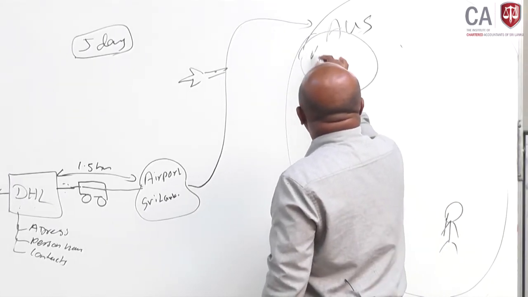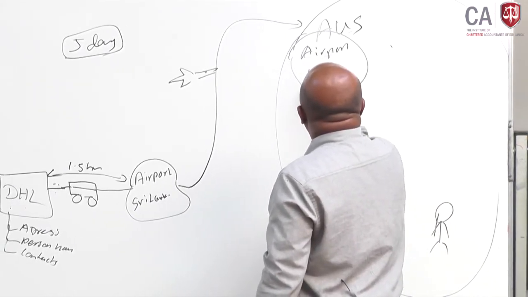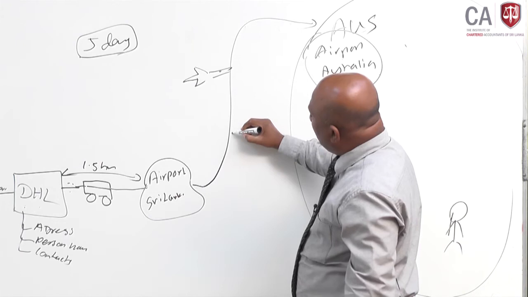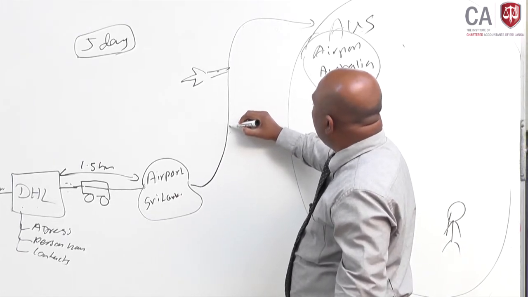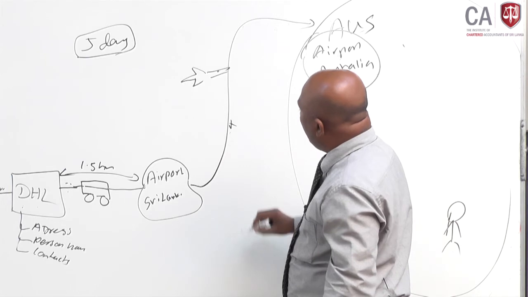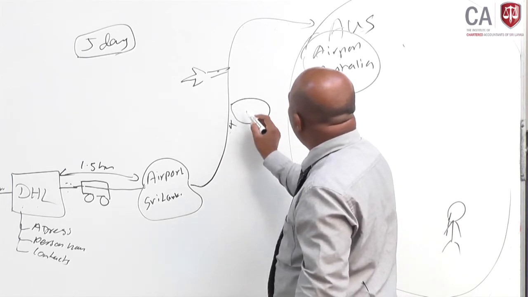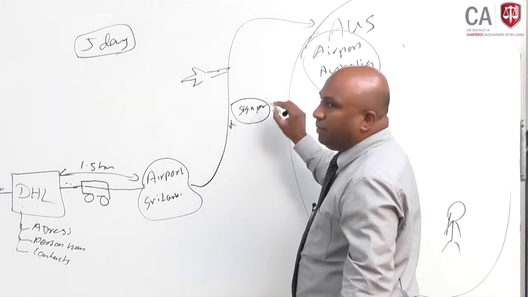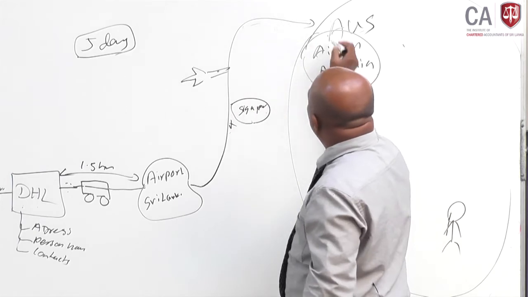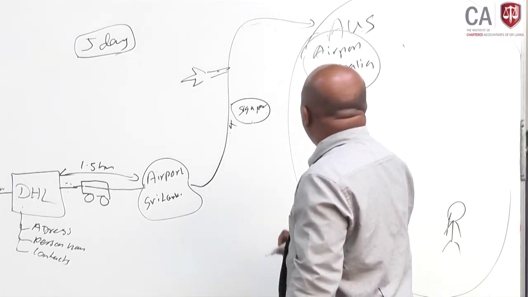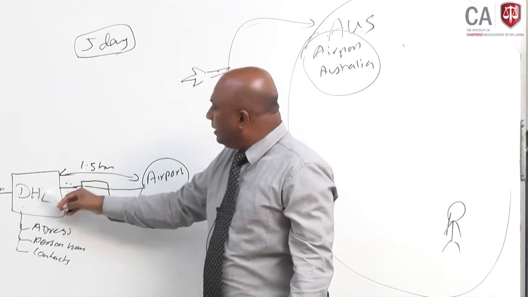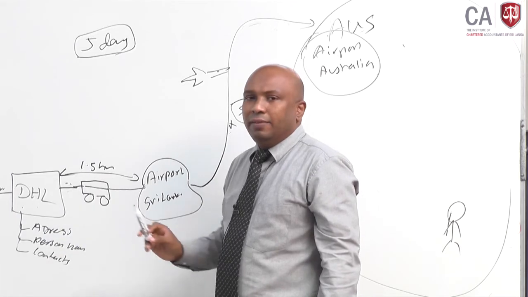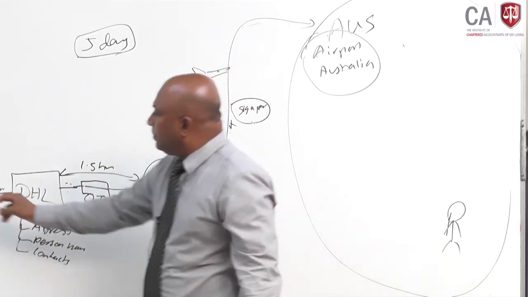Airport, Australia, right? This will take about let us say 4 days, because here it will be going to, let us say, Singapore. In Singapore there will be a 1 day delay, and then it goes to Australia. Likewise, there is a pathway. When you are placing the order, that route information will be collected, and also the time of delivery will be told to this person.